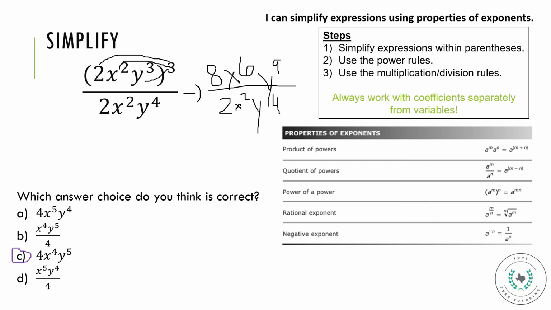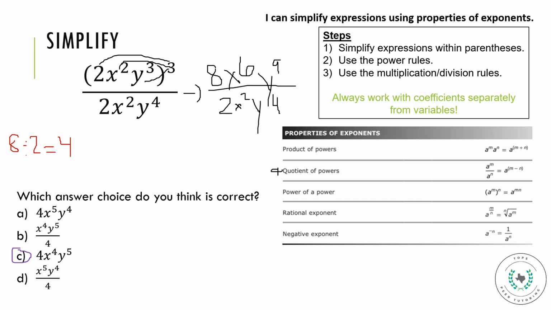Now, we do the same thing with dividing, doing that quotient of powers rule, as you can see right here. So, dividing each of these, we are doing 8 divided by 2, just normal division, so you just get 4.